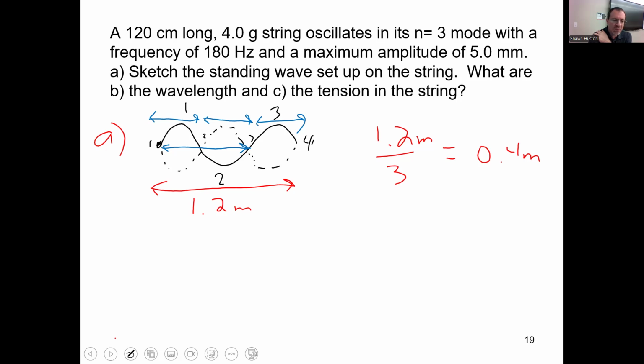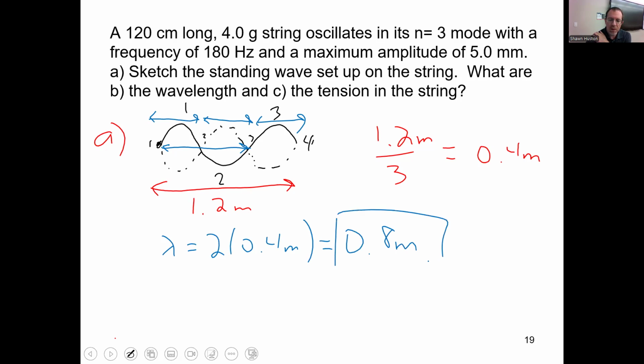That distance would be twice 0.4 meters. This would be 0.8 meters. And so that's the wavelength of our wave. This is part B.